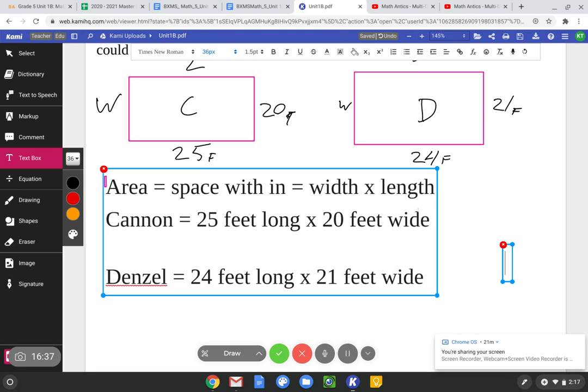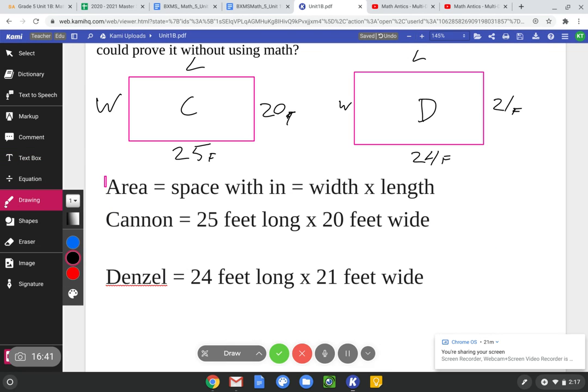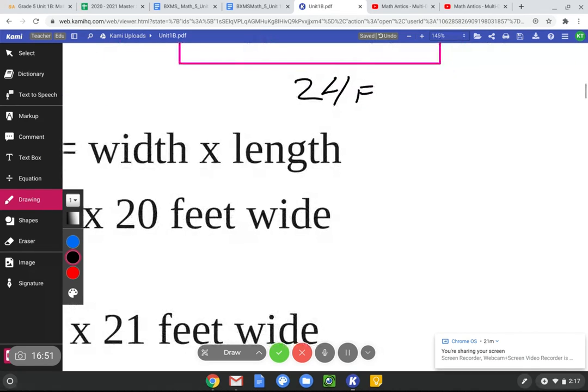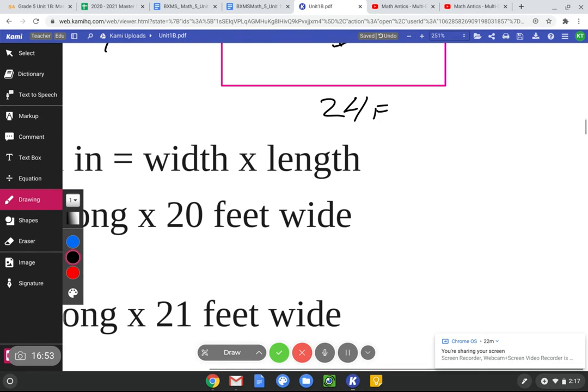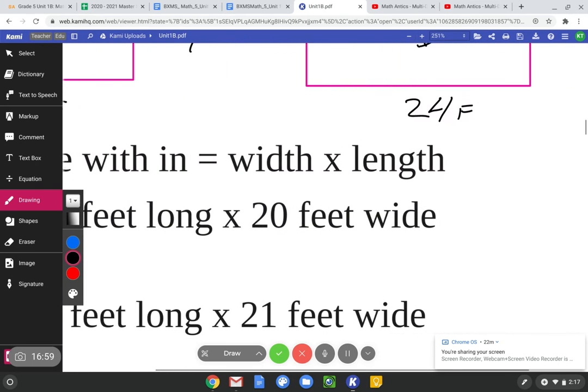Well, let's multiply. And since we're learning the standard algorithm, we're going to use the standard algorithm. So let's do that over here. I'll use Cannon's over here. So check your work. 25 by 20.